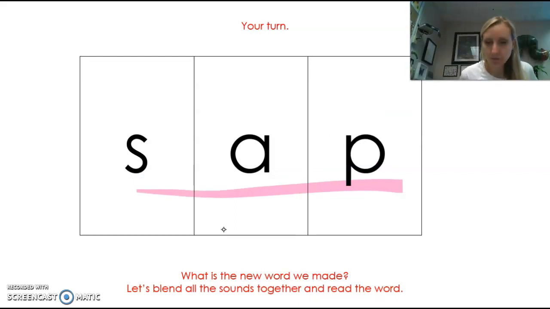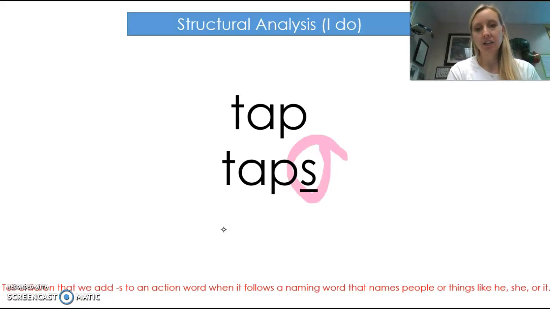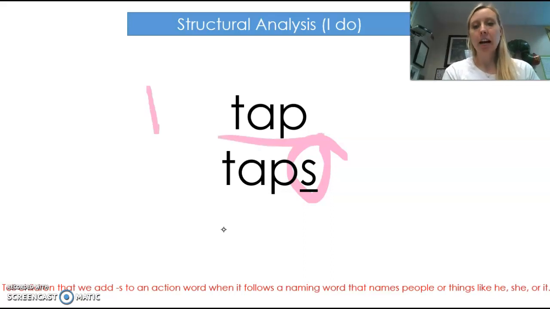So, let's look at this. Today we're learning about adding an S to the end of words. So we add an S to an action word when it follows a naming word that names people or things, like he, she, or it. So, this word is tap. I tap.